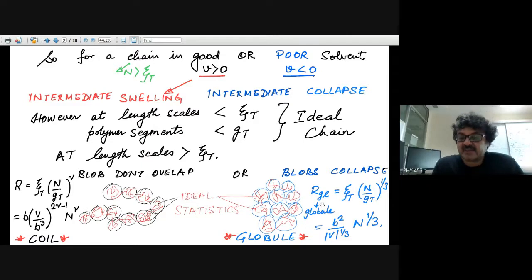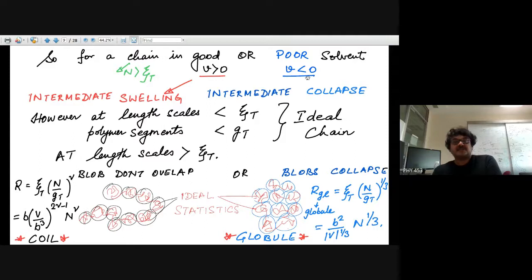So the size of this collapsed globule of blobs, because smaller than a blob it's still ideal chain statistics, is R_G equals zeta T, the size of a blob, times n by g_T, the number of blobs, to the power half. So this collapse is now in terms of blobs, and this is called a globule.